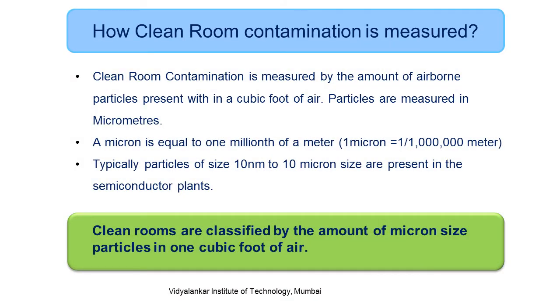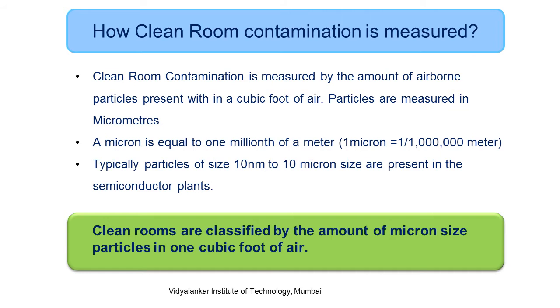How is clean room contamination measured? It is important to understand this factor because based on the amount of contamination, clean rooms are classified. Contamination is basically measured by the number of airborne particles present in a cubic foot of air, and this particle size is measured in micrometers.